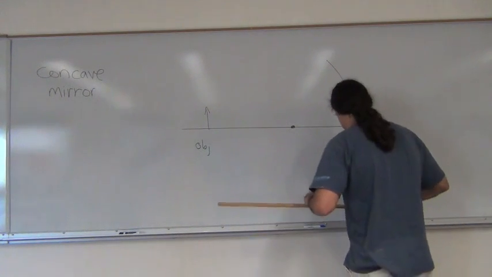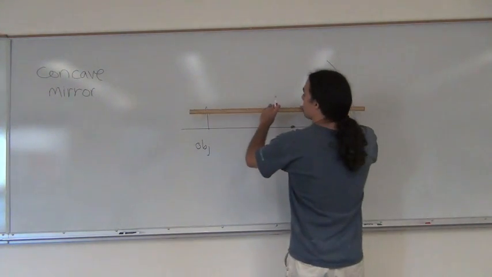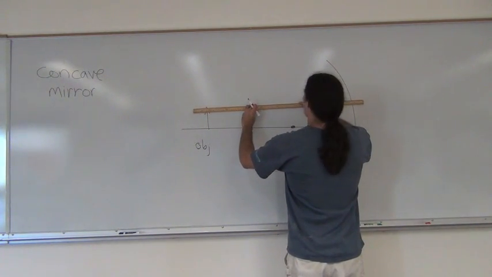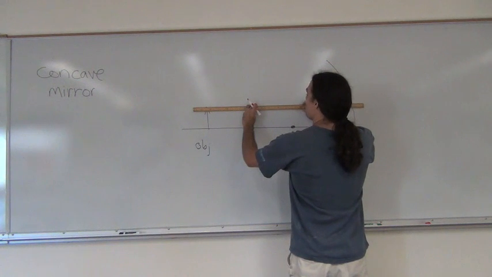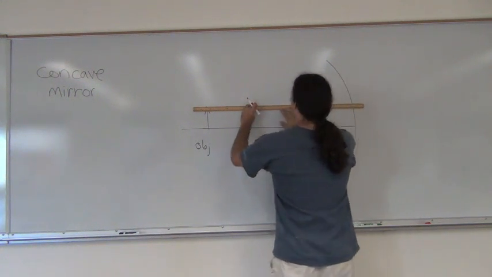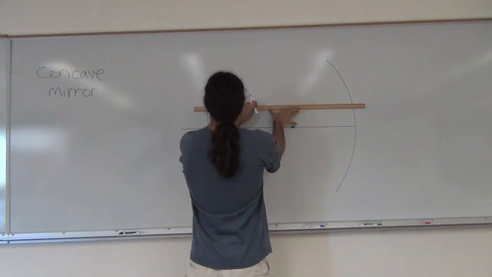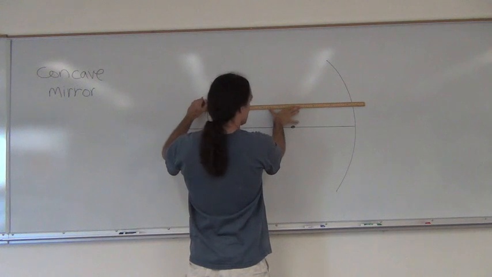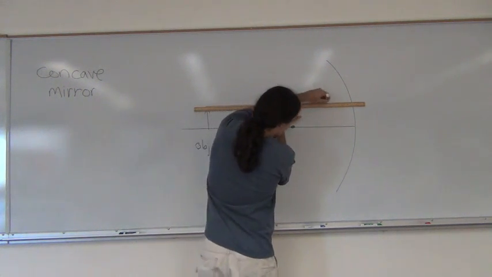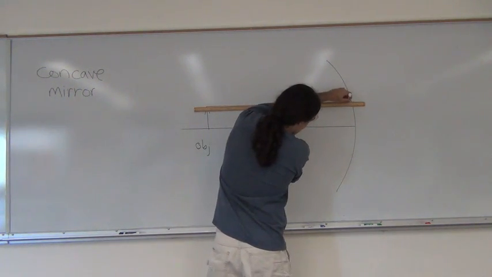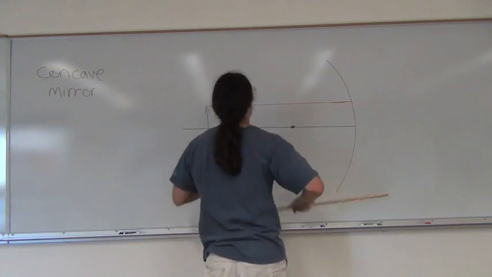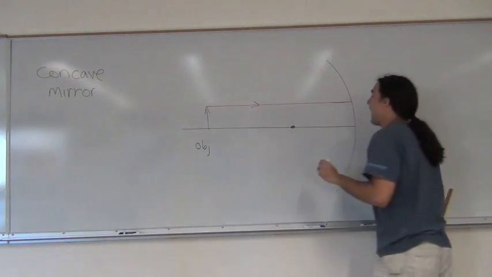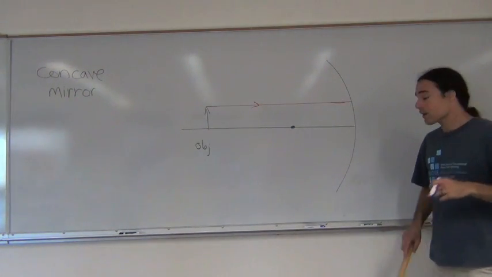First ray I'm going to trace, let's have that ray come in horizontally. So the ray comes in horizontally. And is going to be reflected back through the focal point.